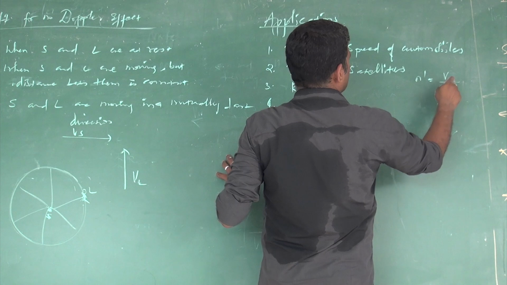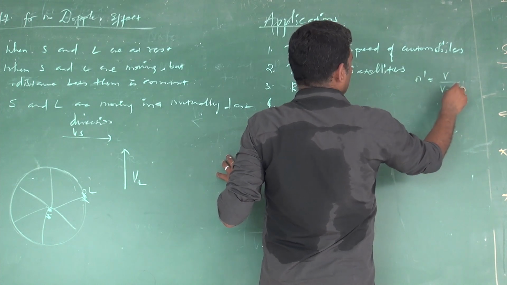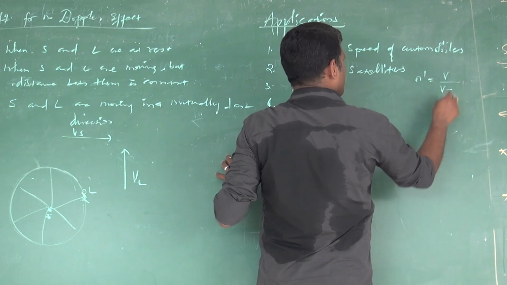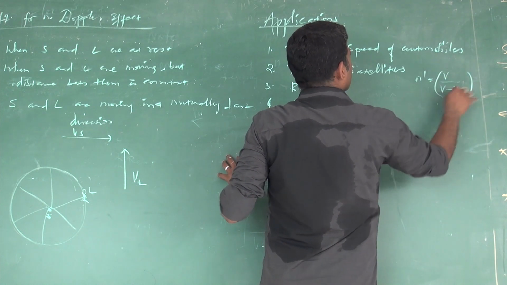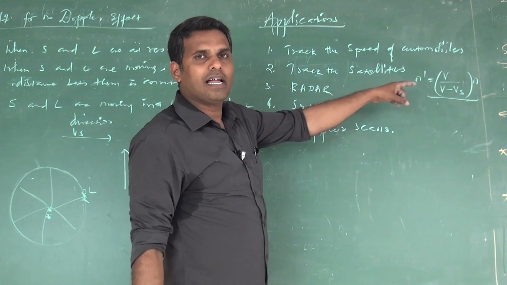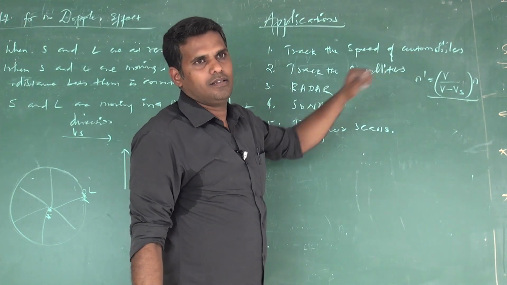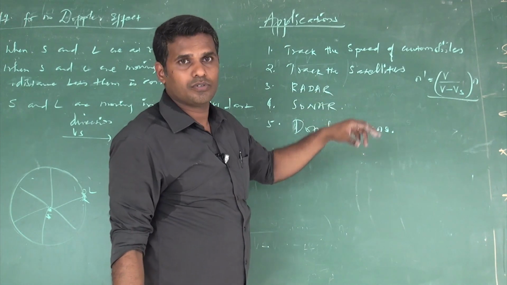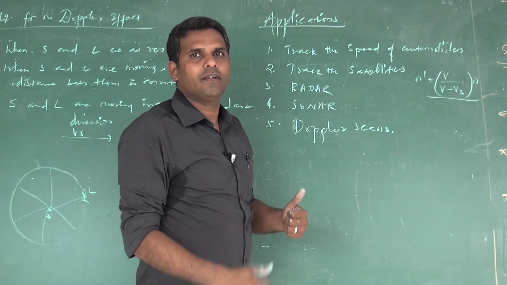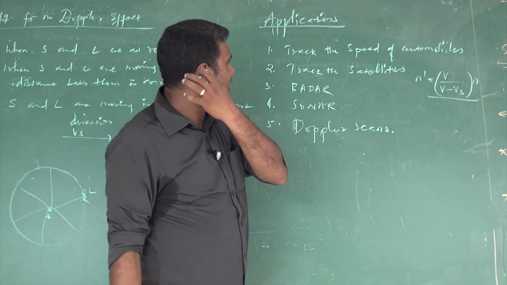So we can say here the listener is at rest, the source is moving towards the listener, moving along the direction of the sound wave, so it is positive. This is the formula which they will use, and from which they will calculate the velocity of the source, which is nothing but the speeding car. So easily they can track the speed of the vehicle and they will put a fine.